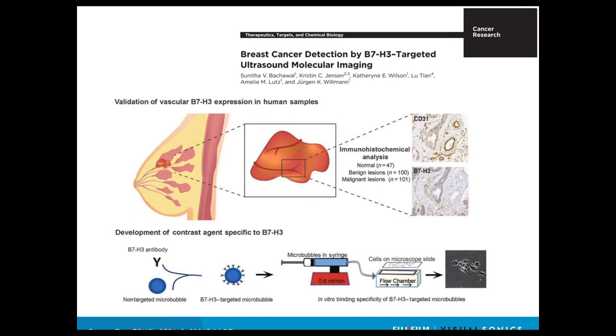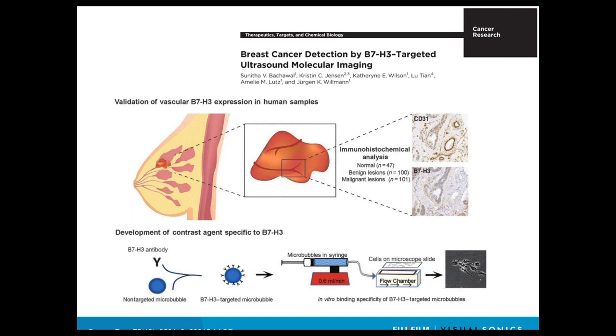And once they had identified the target, they started to do some contrast imaging, first of all, making sure that this target can be used to do contrast imaging with targeted microbubbles.